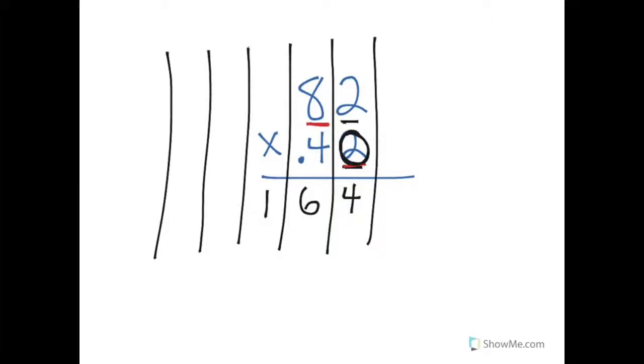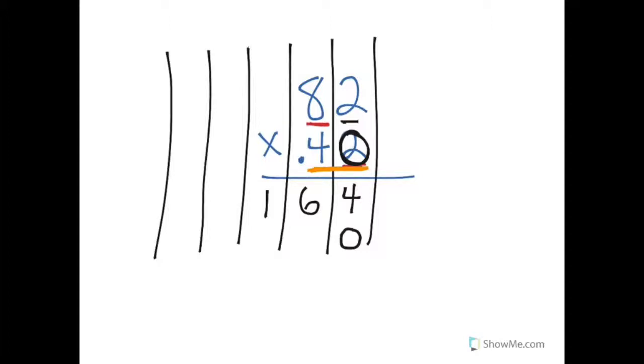I'm going to change it into a 0 because now I'm going to be multiplying by 4/10. In this case, I could actually call it 40/100ths, and anytime I multiply any number times a multiple of 10, I'm always going to have a 0 in the ones place. So that's why I'm going to put a 0 in this place value for now.